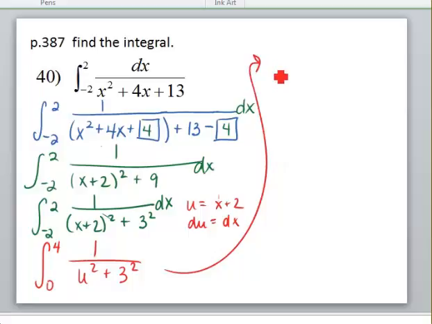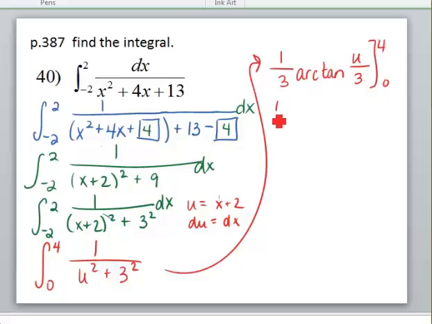The integral of this form looks like this: 1 over A, arctangent of u over A, where A happens to be 3, and then plus c, but since we have a definite integral, we have from 0 to 4.